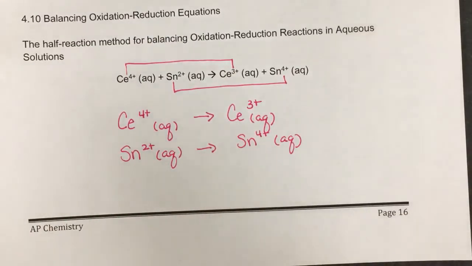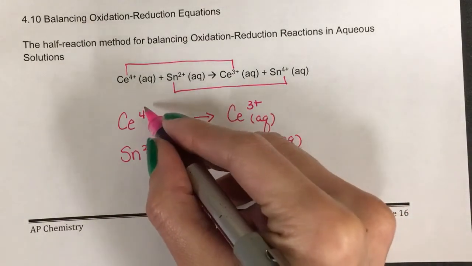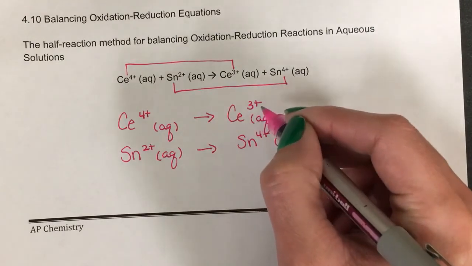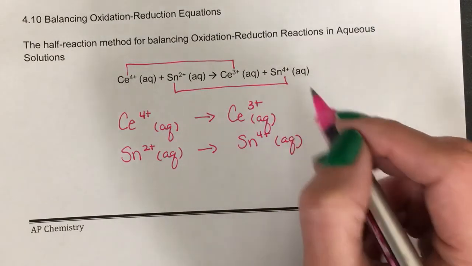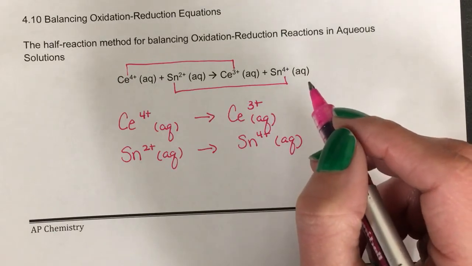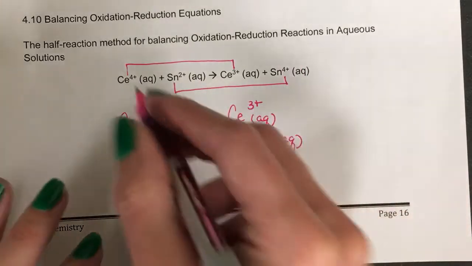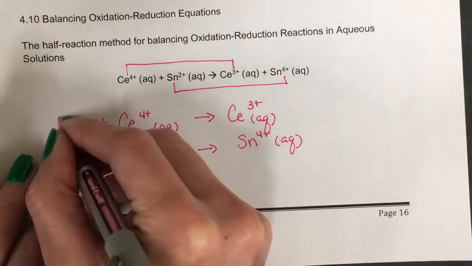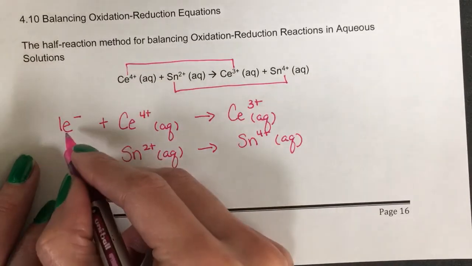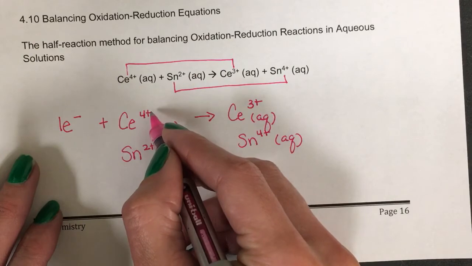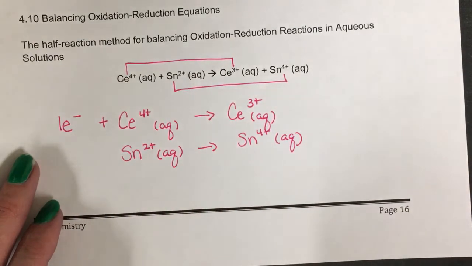Now, I also have to show how the electrons are changing. So, in order for this to go from a 4+ to a 3+, I'm becoming less positive, more negative, which means I have to gain electrons. To go from a 4 to a 3, I need to gain 1 electron. So I put my 1 electron as a reactant because 1 negative plus 4 positive will give me 3 positive.